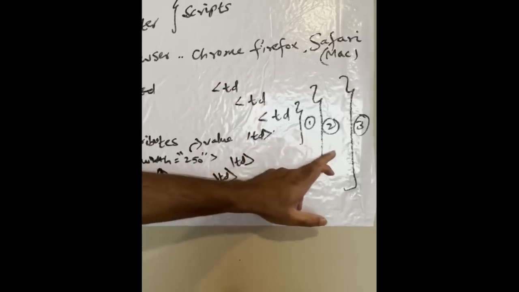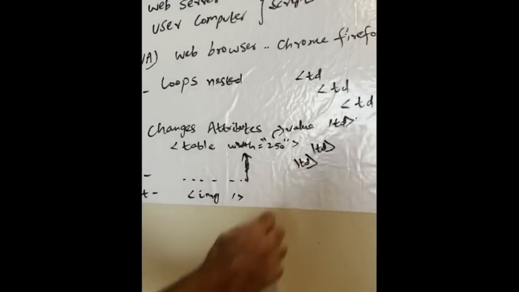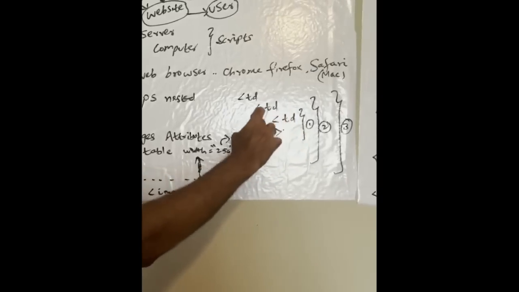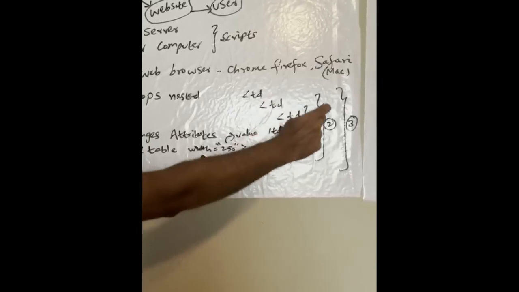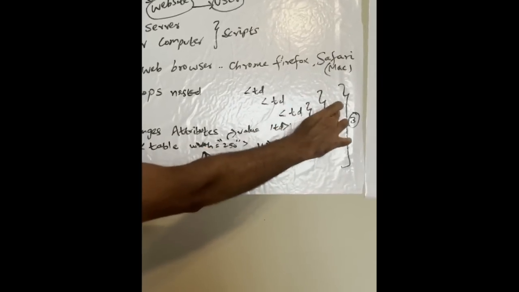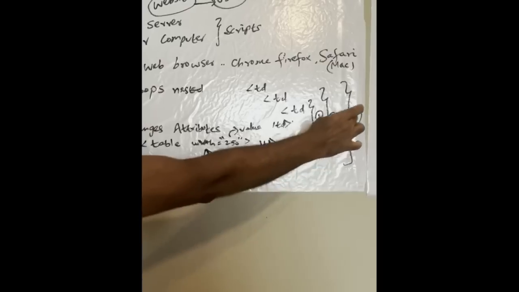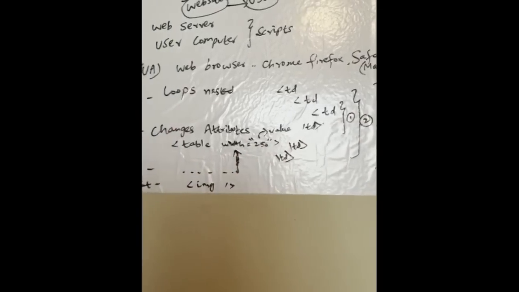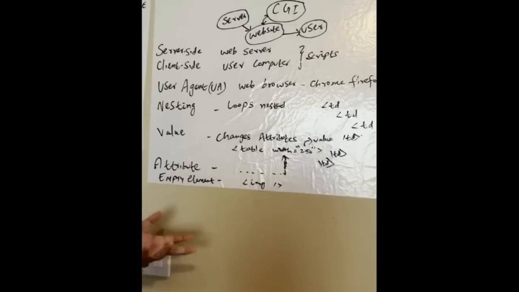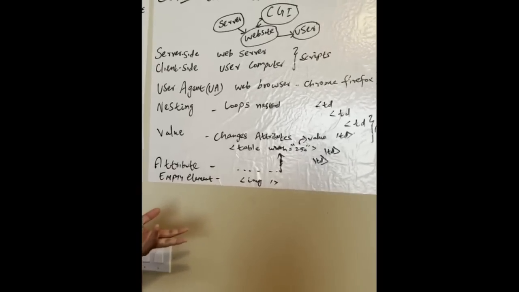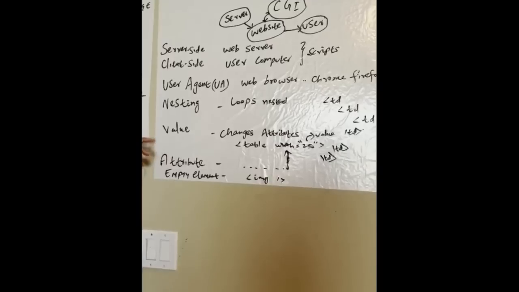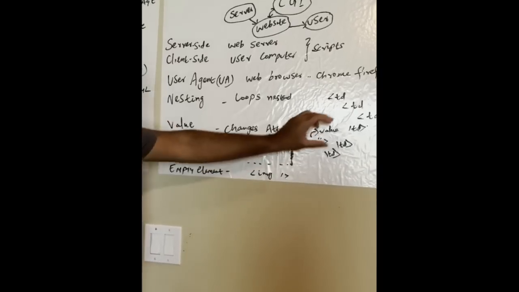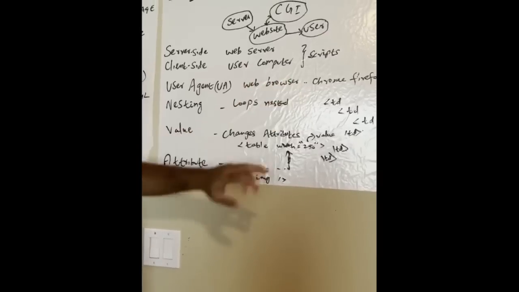So the first loop, second loop, third loop. So this will get executed. The result will be thrown here, and then number 2, this will be executed and the result will be given to the third loop. This is called nested loops. In a large project, many programs, a lot of nested loops will be there. And when we debug, we have to debug one by one, make sure there are no errors.